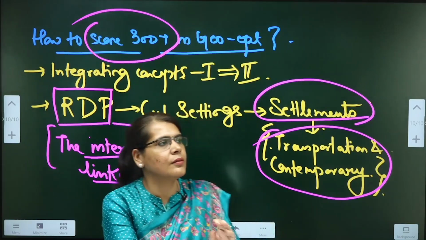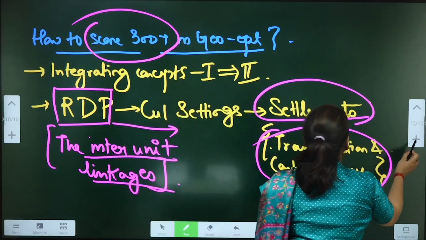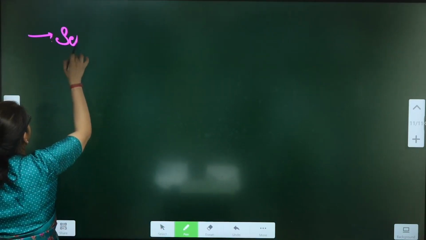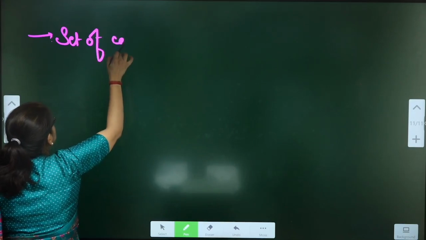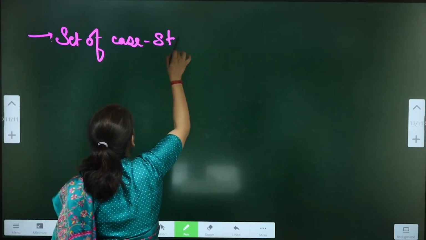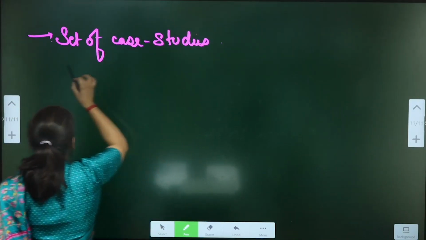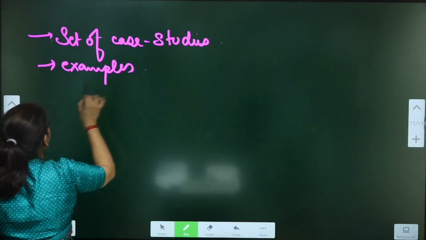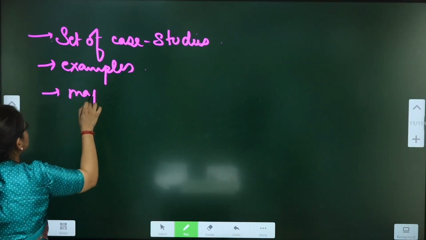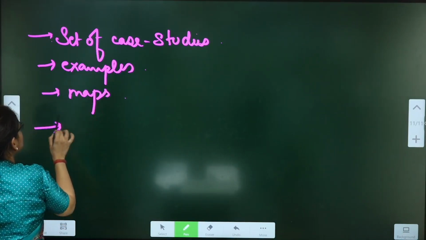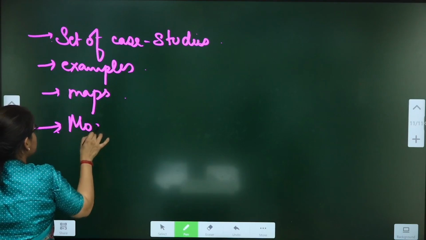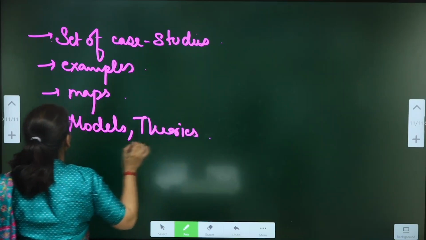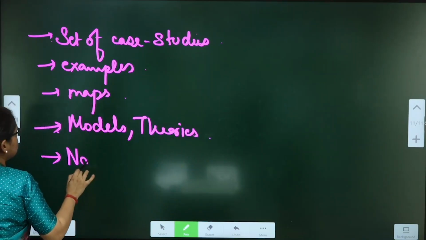That is, with the classes itself, they get a set of case studies, examples, maps, models, theories, name of thinkers.